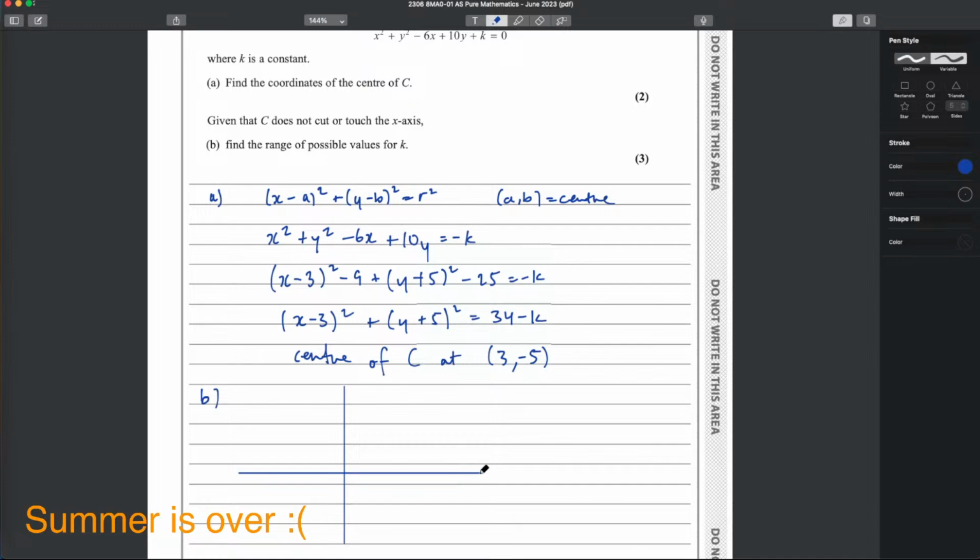The center is at 3, negative 5. So down here somewhere.